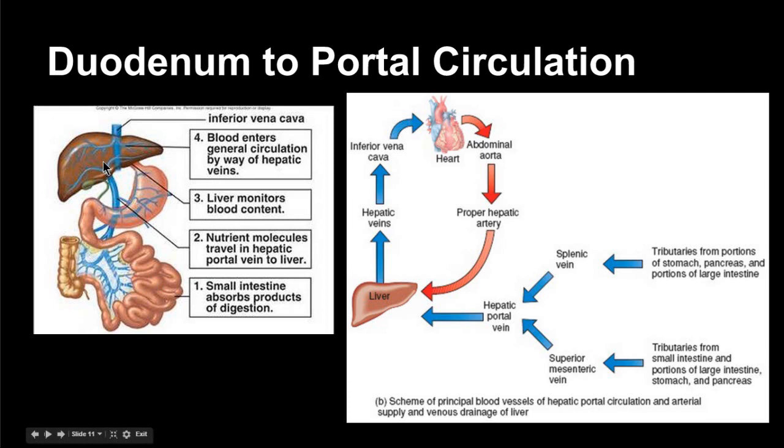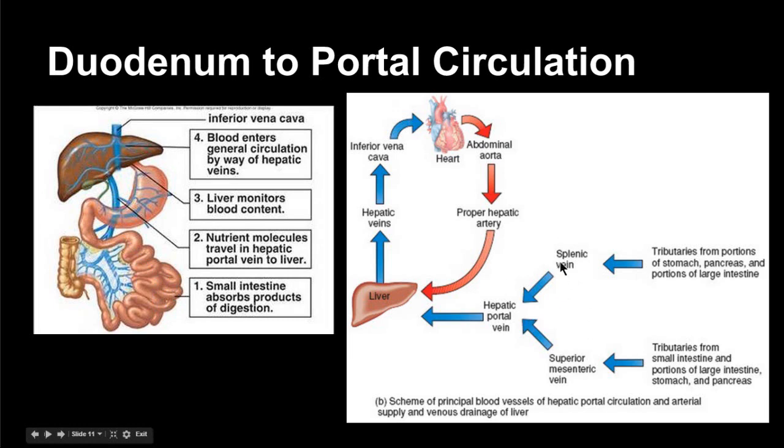After it's metabolized, the blood will then enter general circulation with the drug from these hepatic veins. So again, we go from the small intestine through the portal vein to the liver. Metabolism of the drug occurs. So we're going to lose some of that drug, right? It's going to metabolize, and then it's going to branch off through the hepatic vein into systemic circulation.